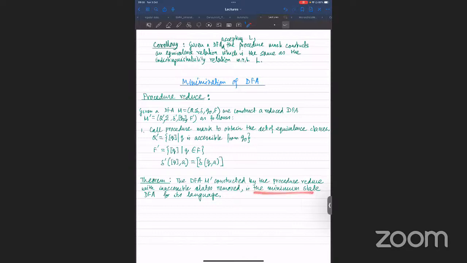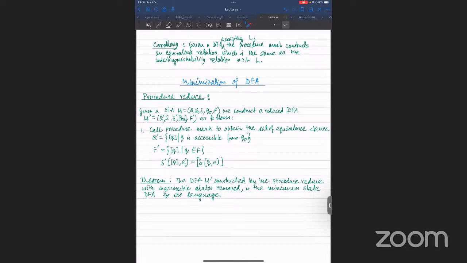So this is the minimum state DFA for its language. This is the main theorem. We did this entire exercise, this algorithm, and what we are saying is that the resultant DFA that you get as an output of this procedure is indeed the minimal DFA accepting the same language.